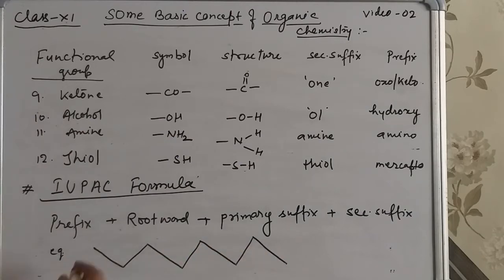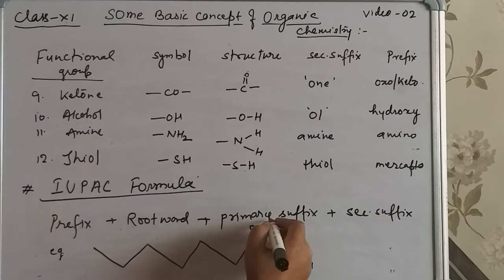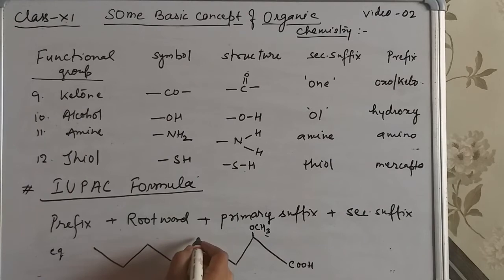And we write here this group COOH, and on this particular carbon we use OCH3, and this particular carbon contains OH. These are the following groups present in the carbon chain.